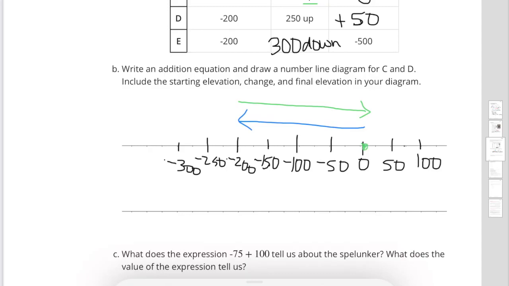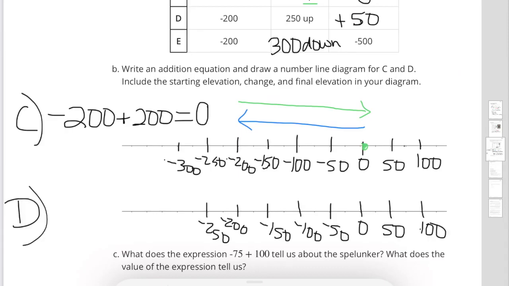So my addition equation would be negative 200 plus 200 equals 0. Okay, so on D we start at negative 200.